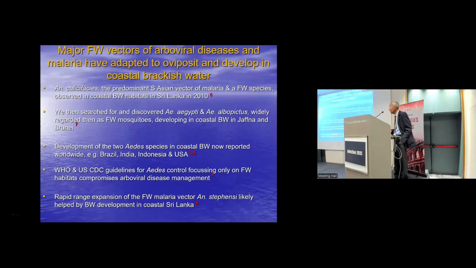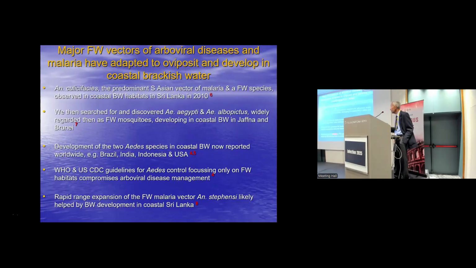We first observed that Anopheles culicifacies, which is the major vector of malaria in South Asia and considered to be a freshwater species, developing in coastal brackish water habitats in Sri Lanka in 2010. That was a very interesting phenomenon.